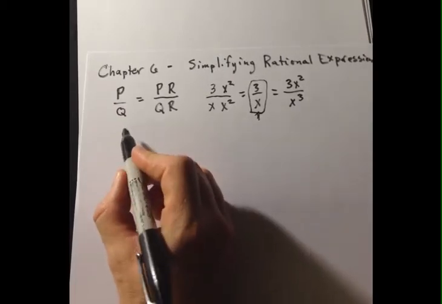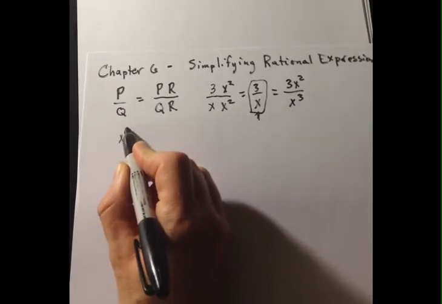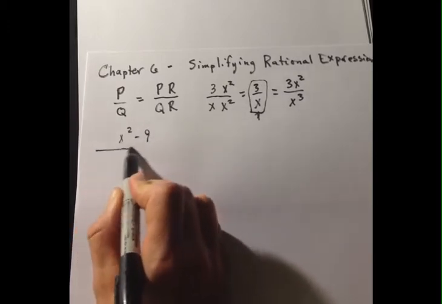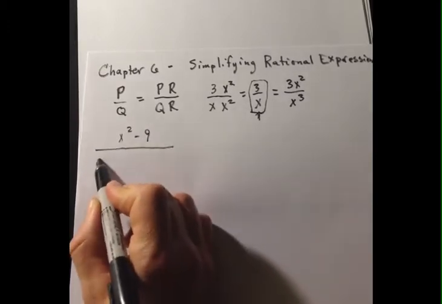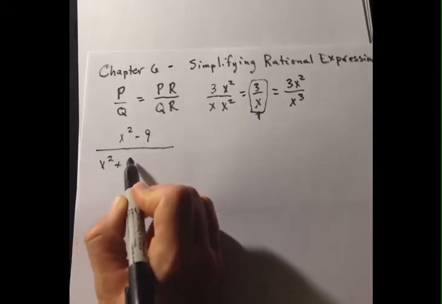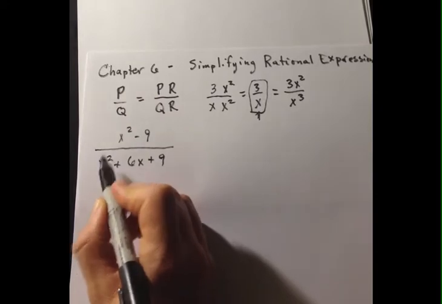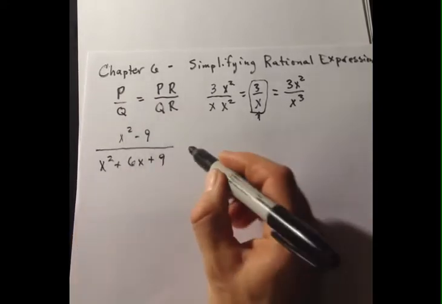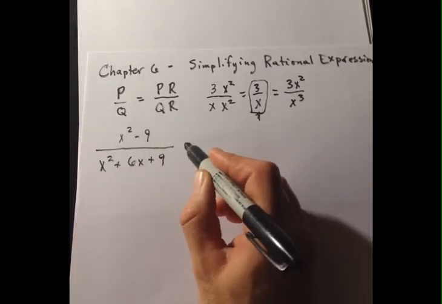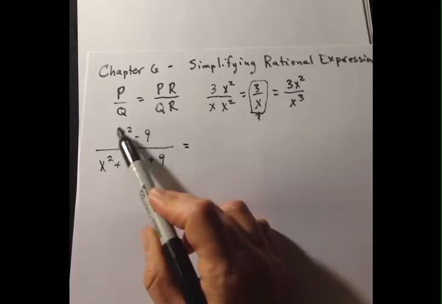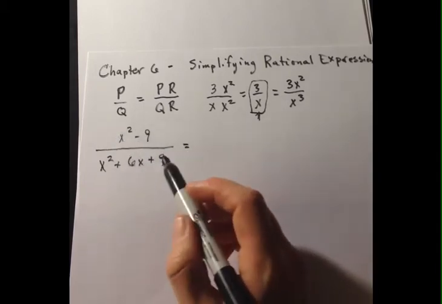Another example would be something like this. If we had x squared minus 9 divided by x squared plus 6x plus 9, they want us to simplify this. Let's notice that the numerator here is a difference of squares.